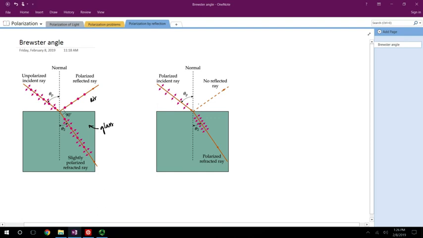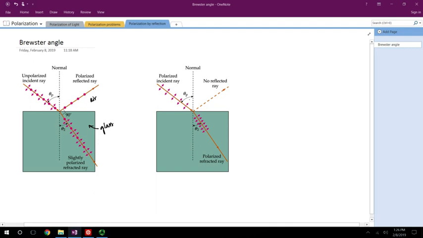All right, so we want to figure out this angle of incidence because it is so important. If we have a ray of light that is unpolarized and we want to make it polarized, this is a method that we can use, the refraction reflection technique, and then the reflected ray would be polarized in a certain direction. Okay, so how do we do that?